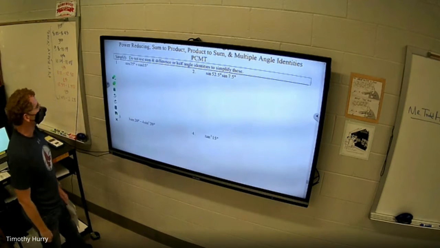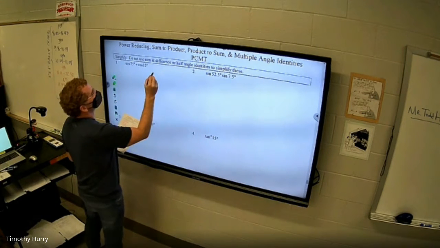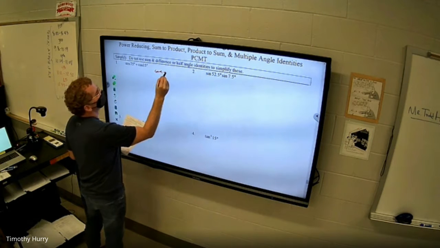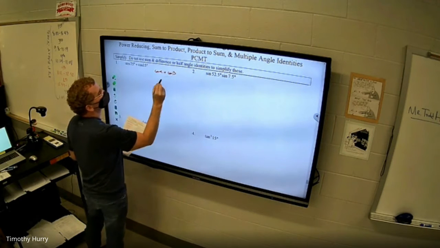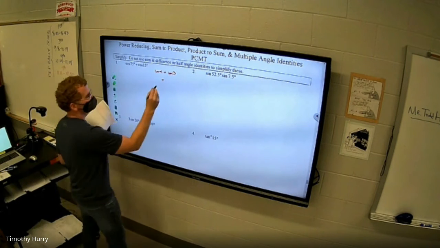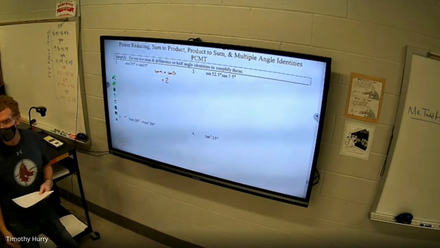Now, okay, so there is a sum to product identity. It says if I have a cosine of an alpha plus a cosine of a beta, I can change it into what? Y'all see the identity on your identity sheet? 2 times what?